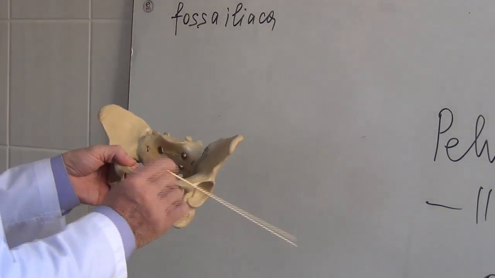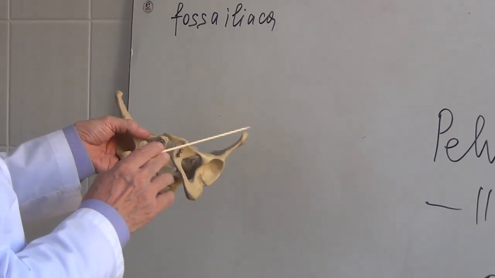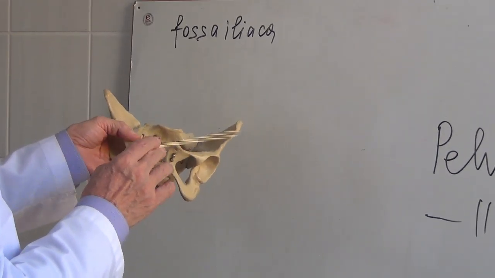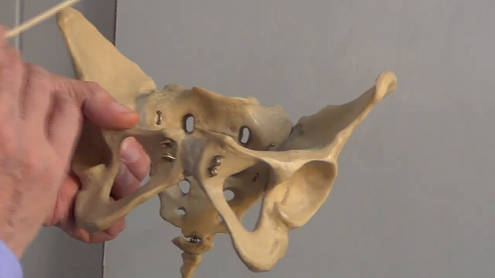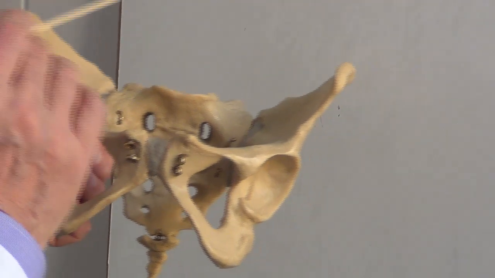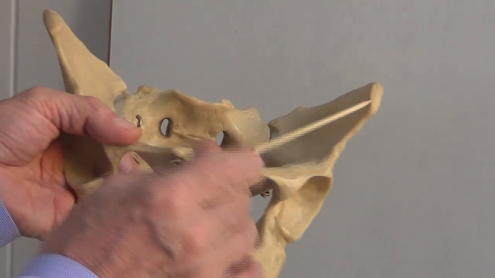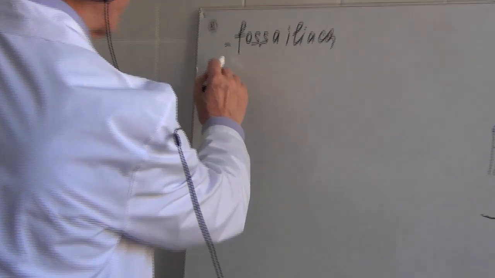Then we ought to know these two eminences. From left and right side, they are called spina iliaca anterior superior.